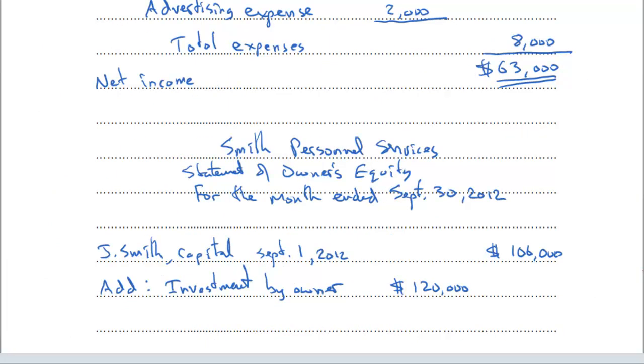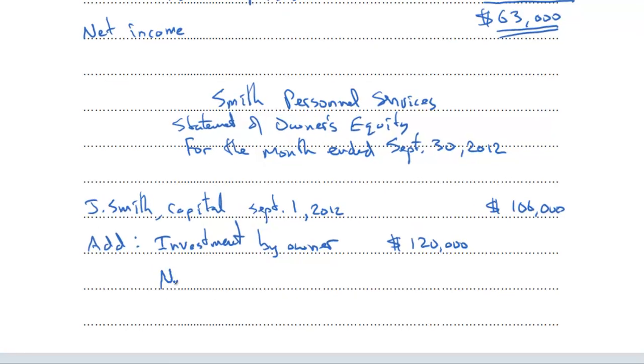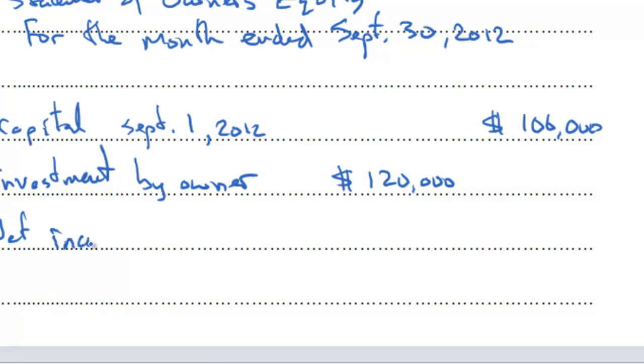What else would have caused the owner's equity go up? Well, we just did an income statement, right, which showed that we had a net income of $63,000, and that also is added to the capital account. So we have to write in here that we've got a net income for the period, for the month, of $63,000.